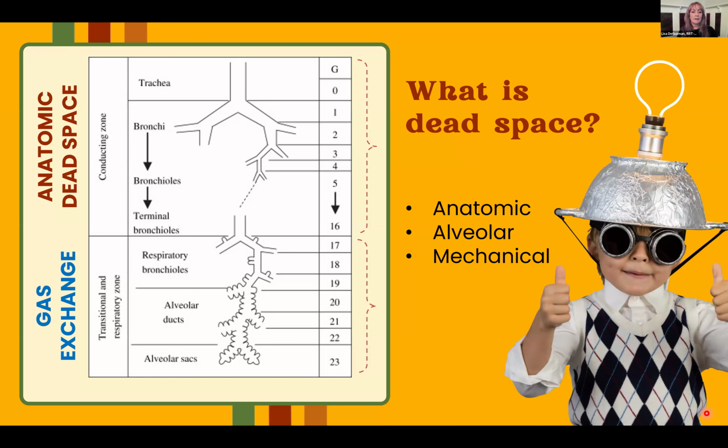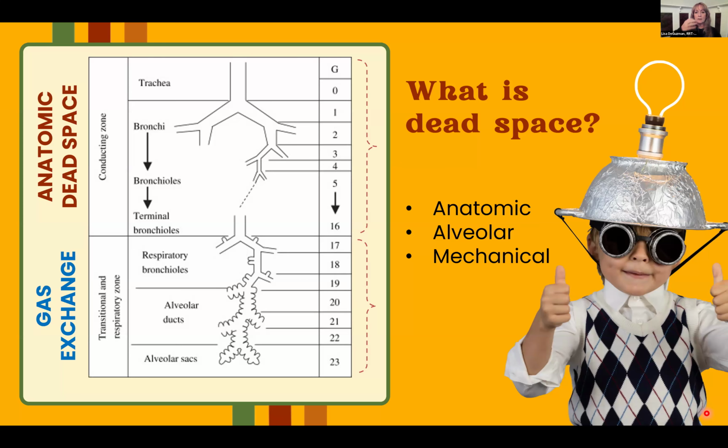So we have alveolar dead space that can happen in that lower part of the diagram. Anatomic dead space is if something's going on in the upper airways that's preventing air from getting in and out. Alveolar is if it's happening down past the respiratory bronchioles.